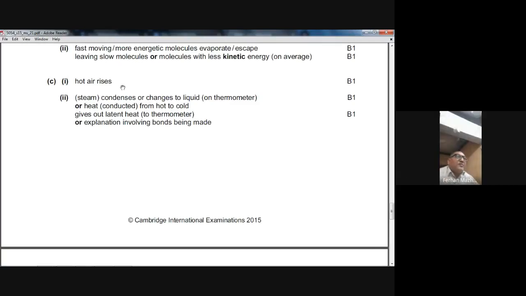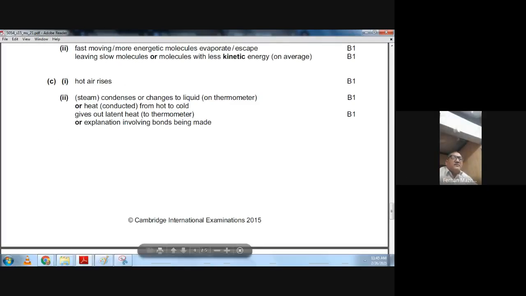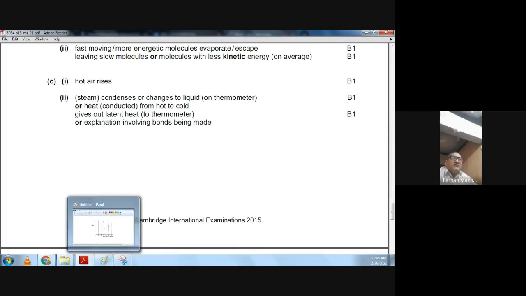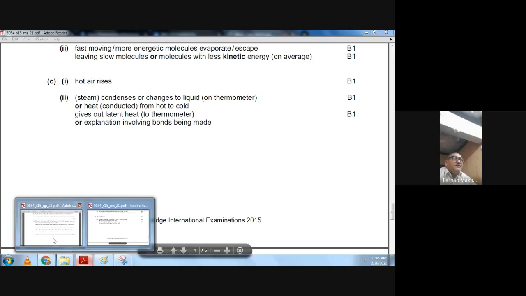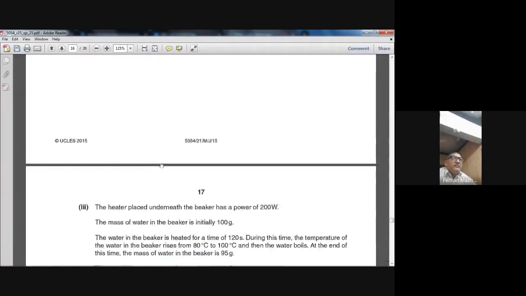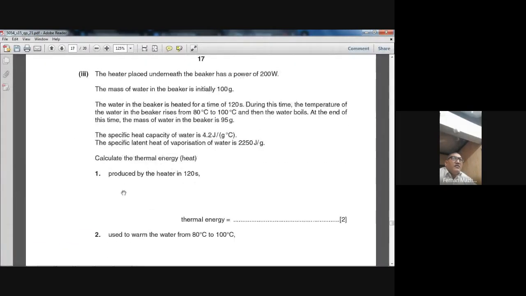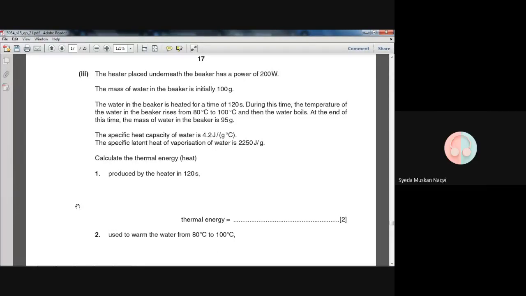Let's move to the next part. Muskan, will you like to read the question? Yes, sir. The heater placed underneath the beaker has power of 200 volts. The mass of water in the beaker is initially 100 grams.